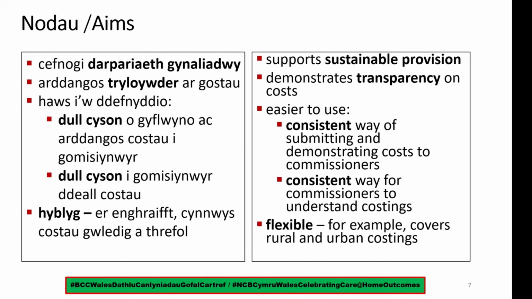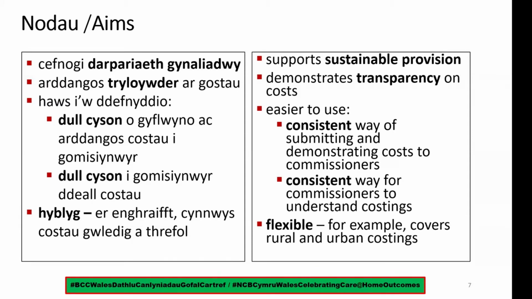Some of the aims of producing the matrix included the need to support sustainable provision by understanding the real costs and cost pressures facing providers, and to be able to demonstrate transparency on costs, and Peter will say more about how this can be important in a few minutes. Consistent methods are obviously really important when trying to undertake comparisons, and while pay is a significant proportion of cost in care delivery, there are a lot of other hidden costs.